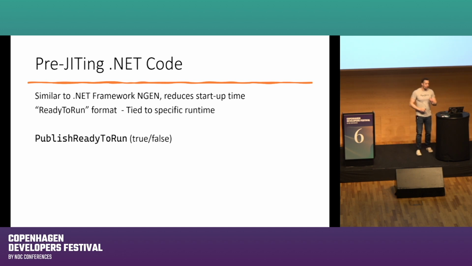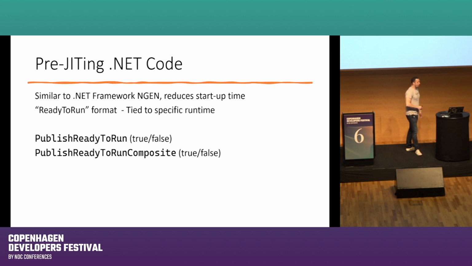Just one little setting. There are some other things you can play around with, especially if you're shipping self-contained applications to Linux. You can also say, hey, those are a lot of the DLLs that are in the same directories. If you want to do inlining and other optimizations, just do it, because you say, I'm going to distribute these as a whole, all at the same time. I'm not going to pull them apart or replace them because that would break it.